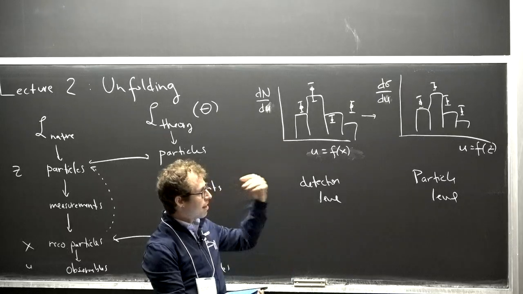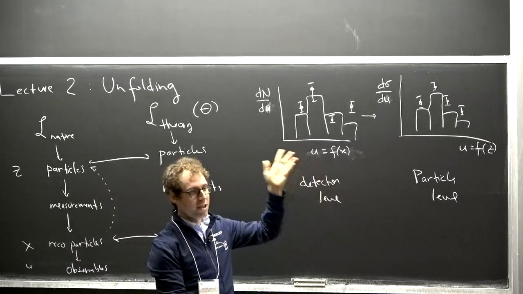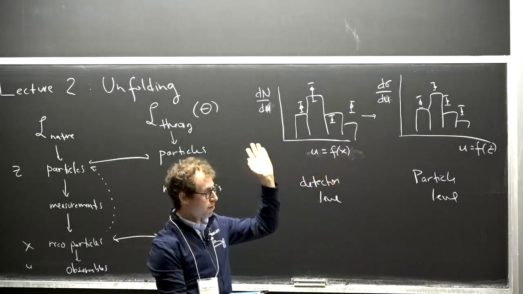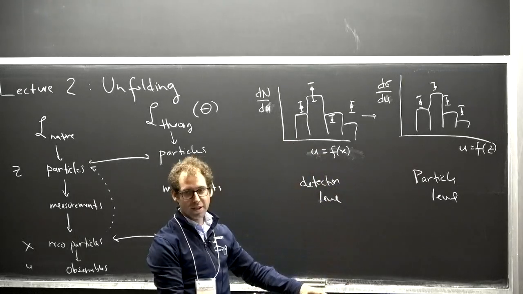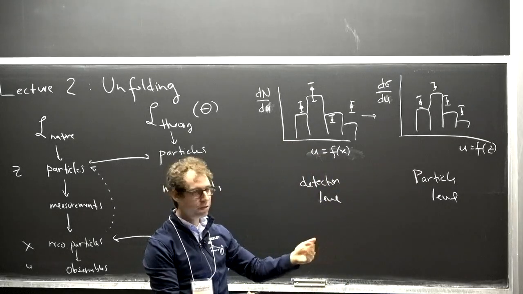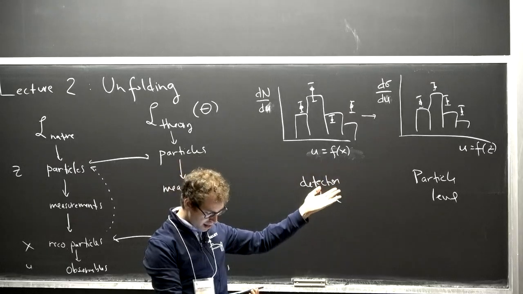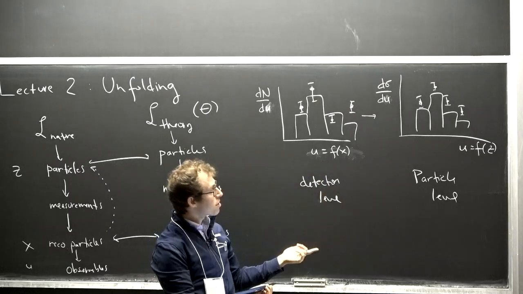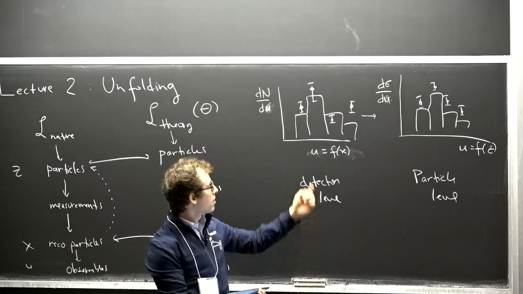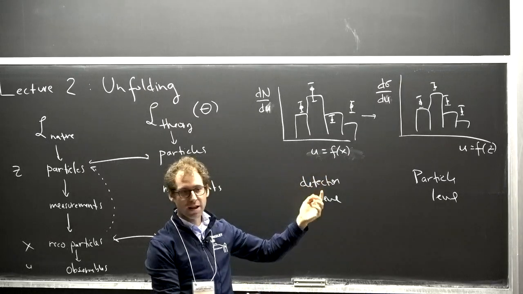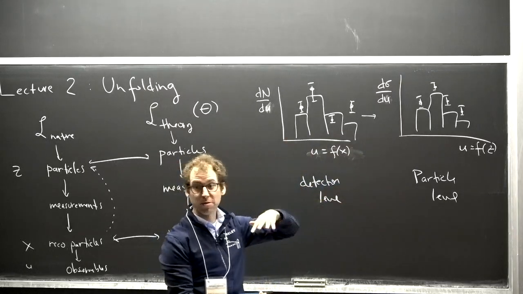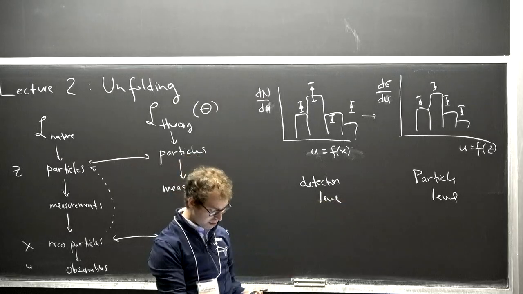There are hundreds and hundreds of measurements that are public. You can go to HepData, a great repository for particle and nuclear physics. And you can compare directly to experiments. At the detector level, you can't compare two experiments, because if the detectors are different, you get different answers. But here, I've removed the detector, so I should be able to compare experiments directly.